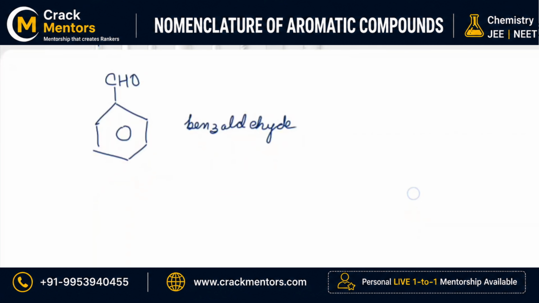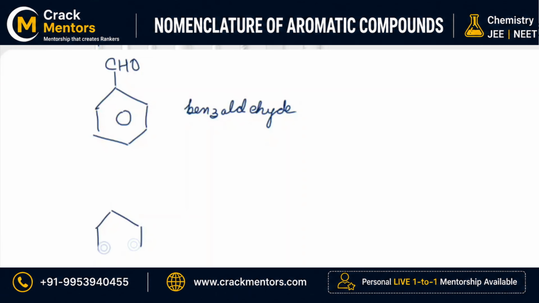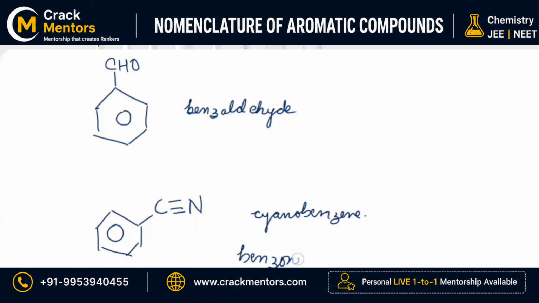Right? The next structure for you is this. First of all, tell me the IUPAC name. So it is cyanobenzene, because the functional group cyanide is here, right? And the common name for this is benzonitrile.